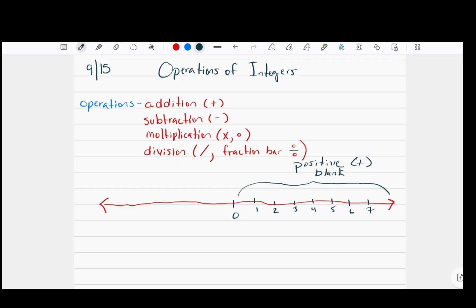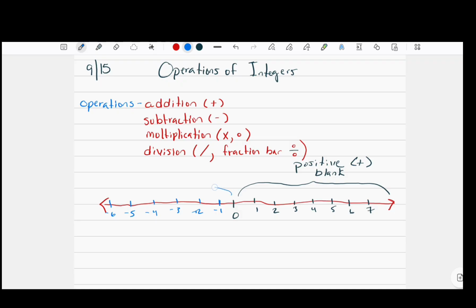Now, that's one side of the integer game. On the left side of 0, you have some other kind of numbers. Now, this ain't when you get some money. This is when you owe some money. What kind of numbers are these? Negative. So you got -1, -2, -3, -4. Go as far as you can. -5, -6.